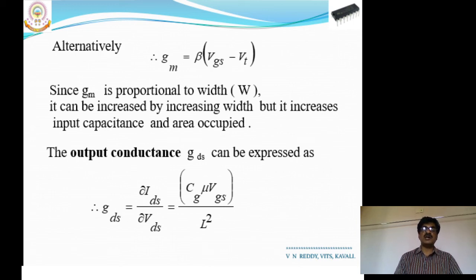Output conductance means output current to output voltage, so dou IDS divided by dou VDS. From the previous equations, this equals Cg mu VGS divided by L square. You just remember it, or you can derive it applying the previous derivations.